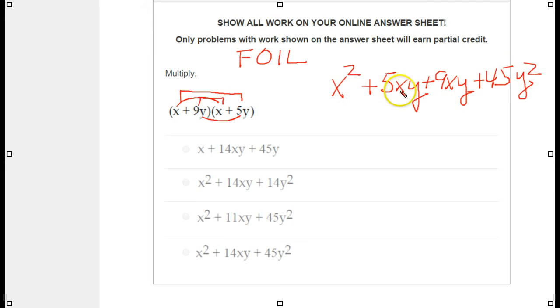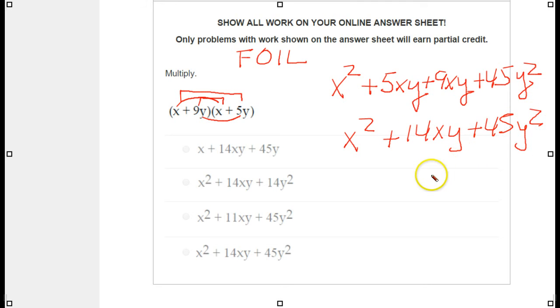Now notice you have two like terms in the middle, so this gives you x squared plus 14xy plus 45y squared.